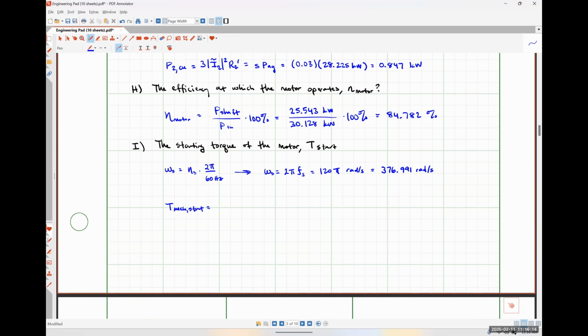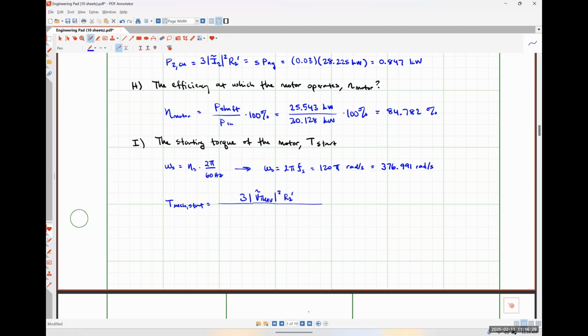is going to be 3 times our Thevenin voltage squared times R2 prime. That is not R2 prime over S because, as Zach correctly indicated earlier, at startup our slip is 100%. So that's why we don't have an R2 over S, because R2 over 1 is just R2.